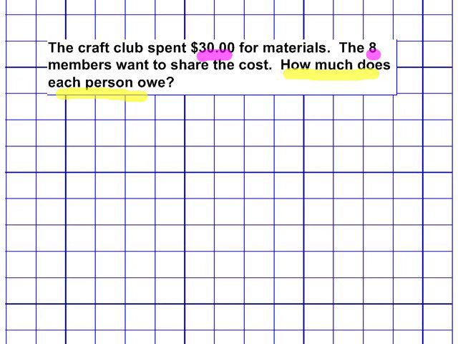We know then that we will need to split $30, not forgetting my decimal point, and we will split that $30 in between 8 people. Can 8 go into 3? No, it cannot. Can 8 go into 30? Yes, it can. It goes into 30 3 times.